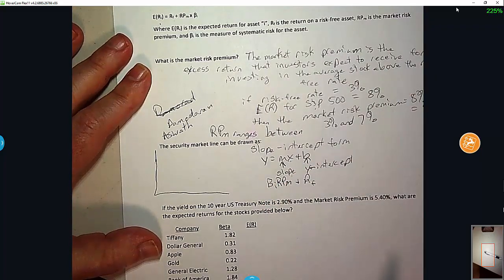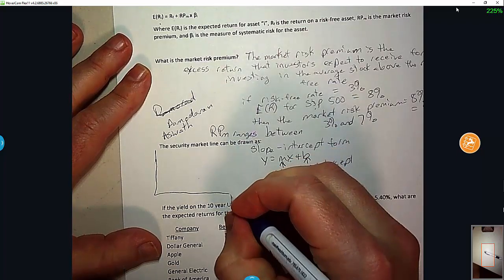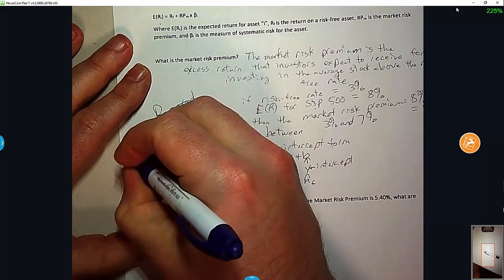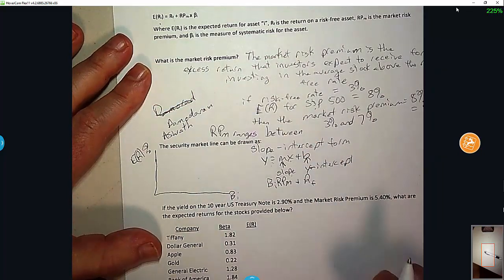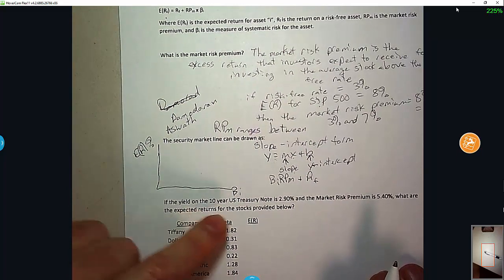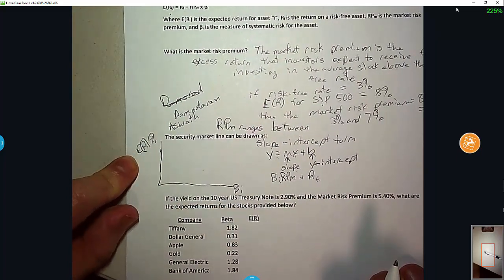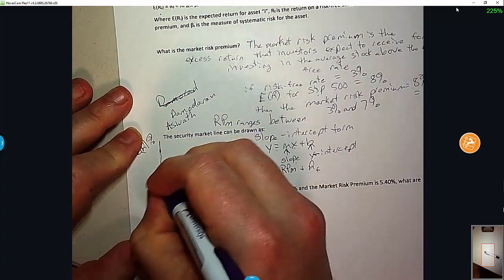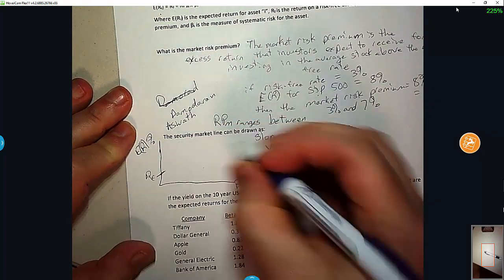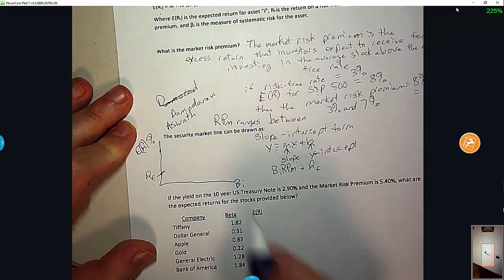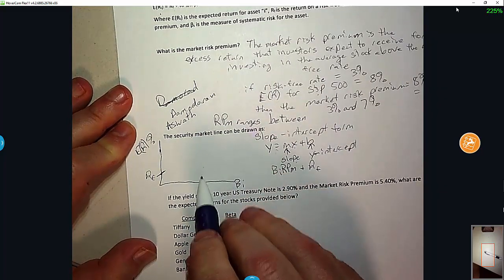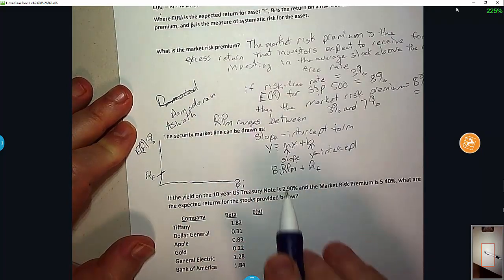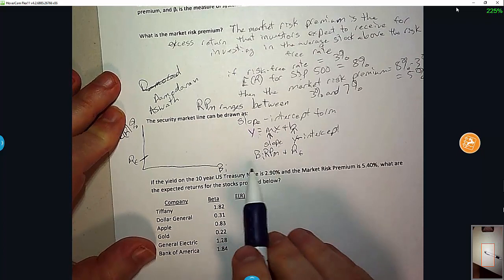So beta goes on the x-axis, the expected return goes on the y-axis. Our intercept is the risk-free rate. And so for any value of beta, we can draw a line and determine what the expected return is.